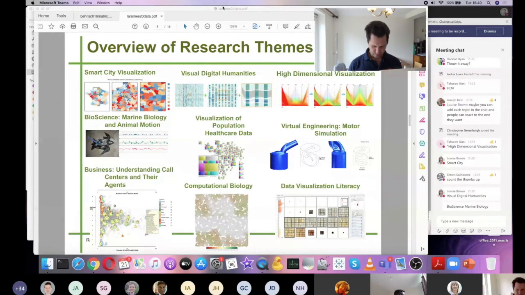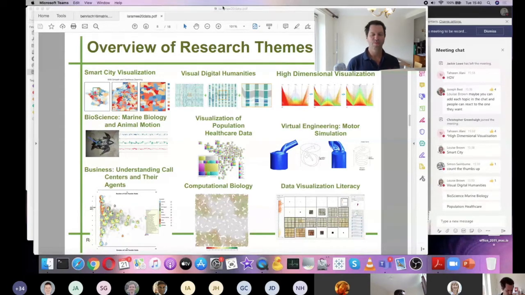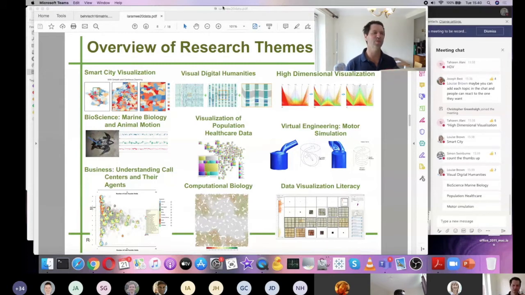So Smart City Visualization is, maybe there are people that are already familiar with this topic, but there's more and more pressure on governments and city councils to make the most effective use of council and governmental resources. The population of cities is increasing, but it's increasing threefold actually. So one is that the population is increasing generally.